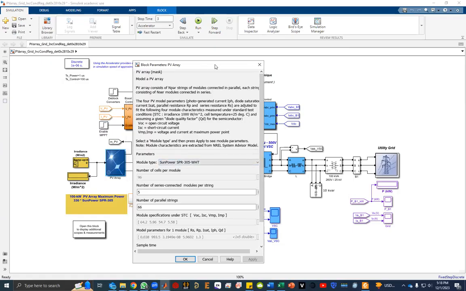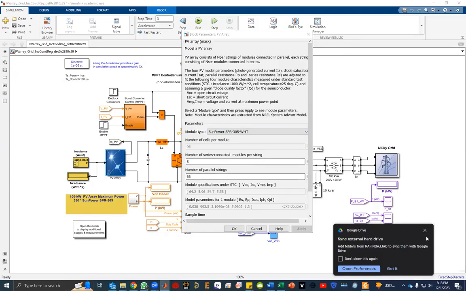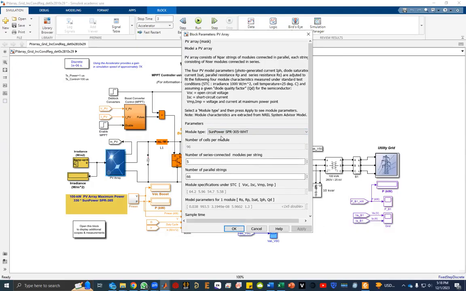So this is a more detailed design, so you can choose your module type here, and how many modules there will be, and how many parallel strings. I guess during the power system class, you will learn something about this.